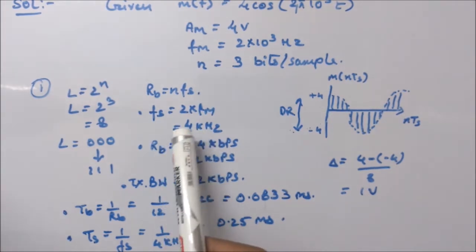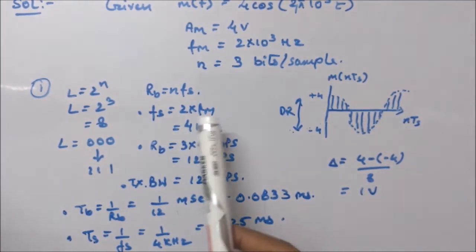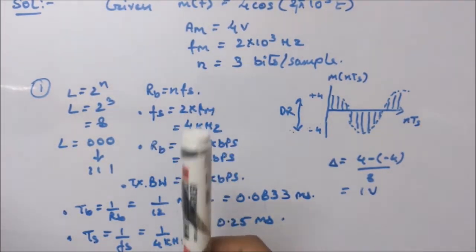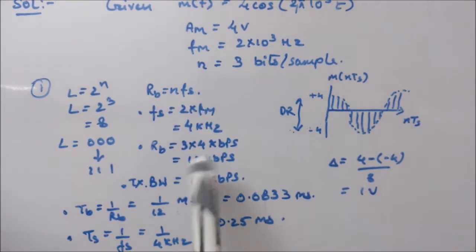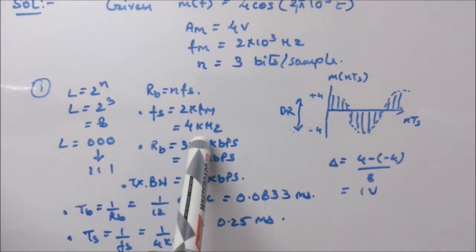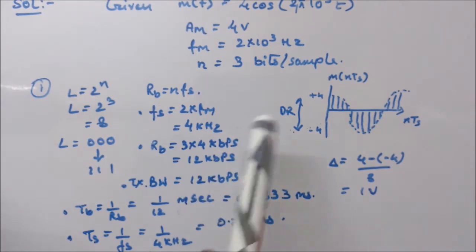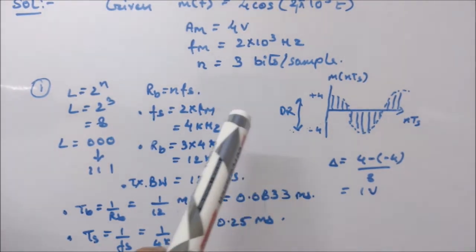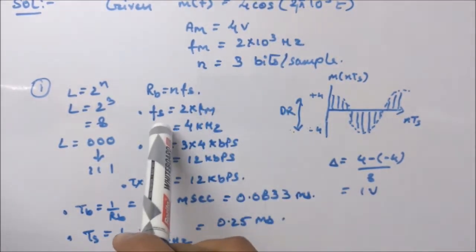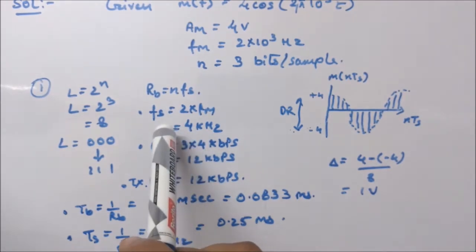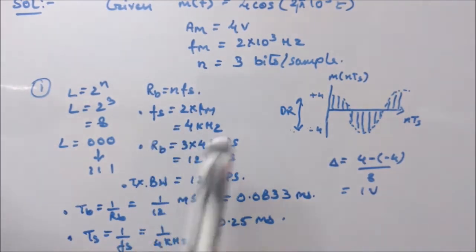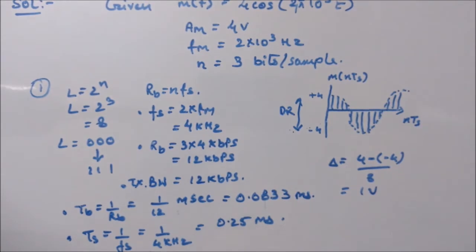Here Fs equal to 2Fm is the Nyquist rate. If you remember, you can go greater than this also, but usually, if not given, you assume that the signal is sampled with the Nyquist rate, that is 2Fm.